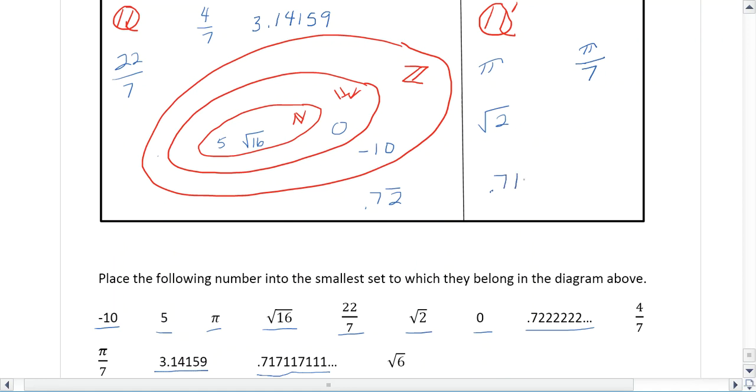However, it is not a repeating pattern. So it does belong in the set of irrationals. And last example, I believe we have a square root 6. 6 is not a perfect square, so it does belong in the set of irrational numbers.